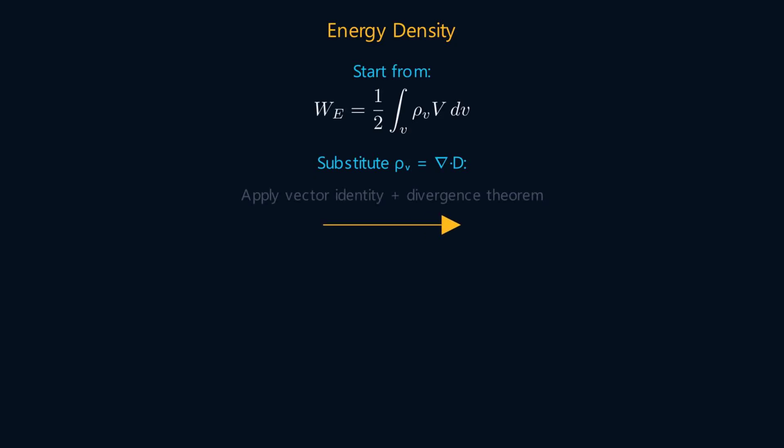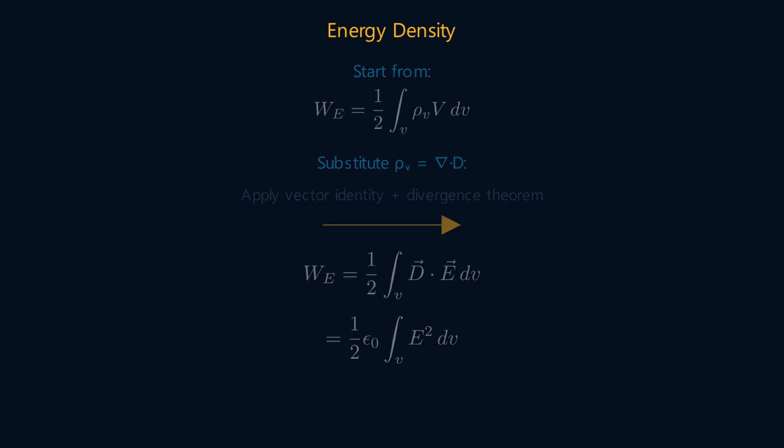Starting from W_E equals 1/2 integral of rho_v V dv', we substitute rho_v equals nabla dot D from Gauss's law and apply a vector identity. After using the divergence theorem and noting that the surface integral vanishes as the bounding surface goes to infinity, we arrive at W_E equals 1/2 integral of D dot E dv'.